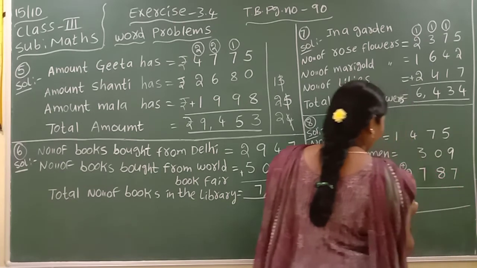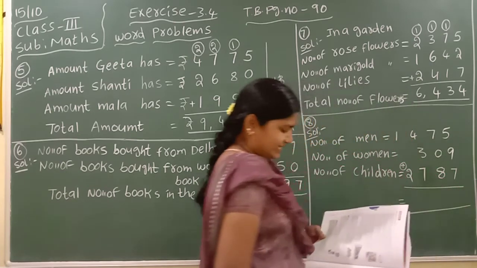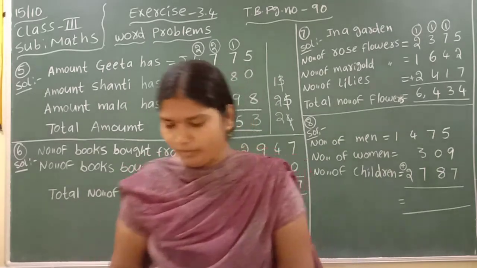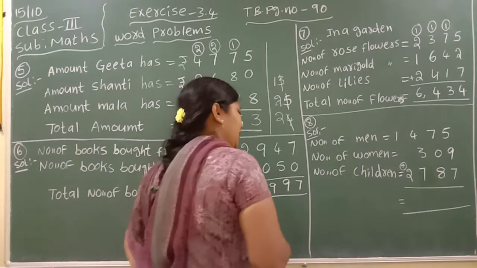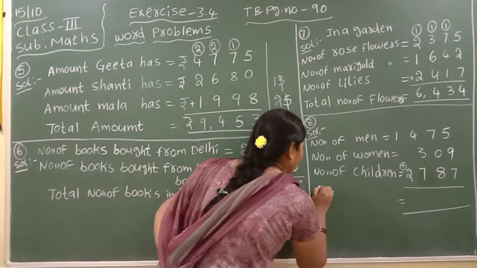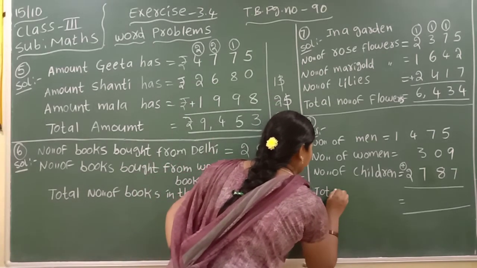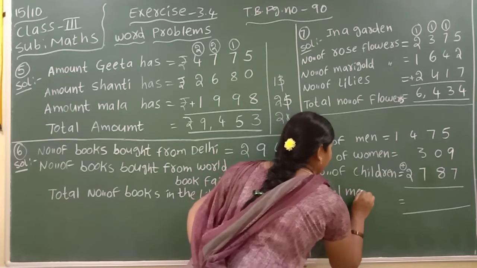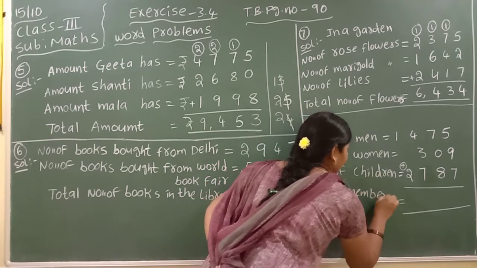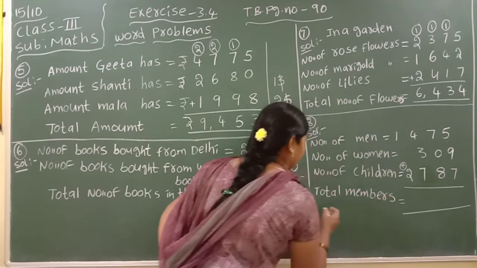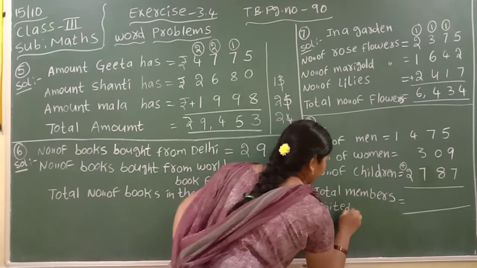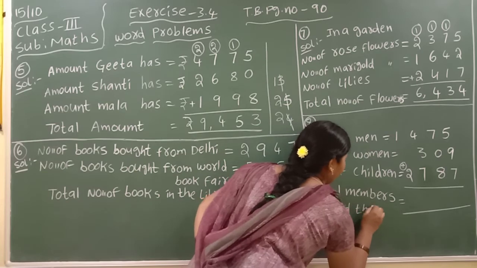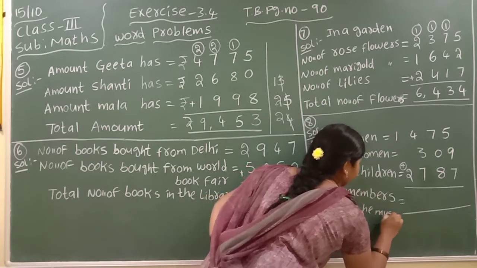First add the ones place. Next answer is, how many people visited all in the museum? Means total members visited the museum.